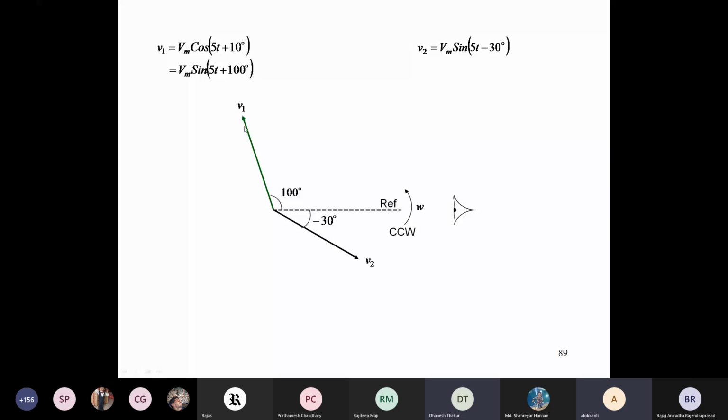No, whichever it is, if you rotate further, first V1 will be seen. Okay, so it depends upon in what way you represent it, because in this case V1 has already crossed this reference line, and it is ahead of it because the vectors are rotating in this direction. Okay, sir.